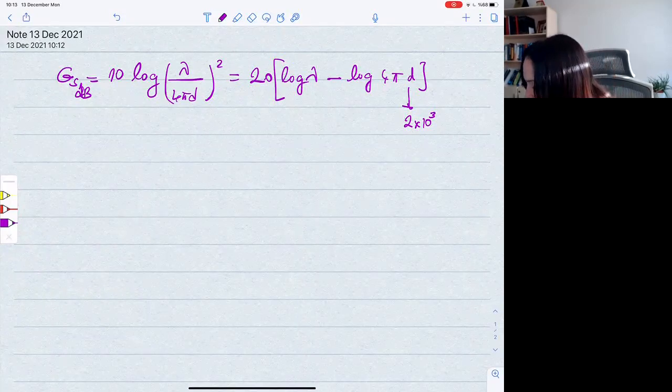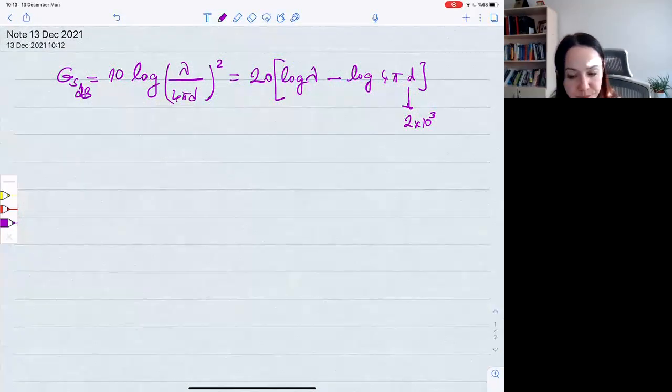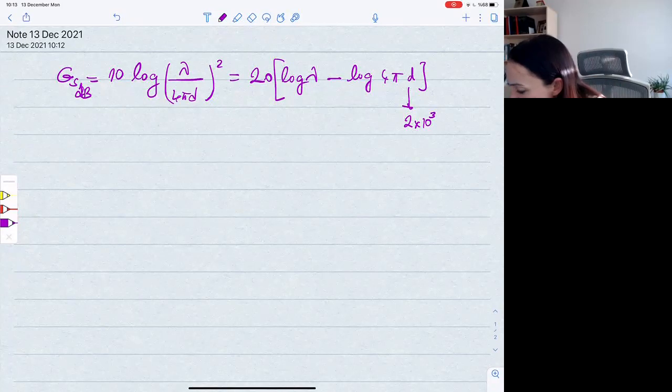Now, let's in fact compute this a little more exactly. 2 log 4 pi d, 1.4 plus 3, 4.